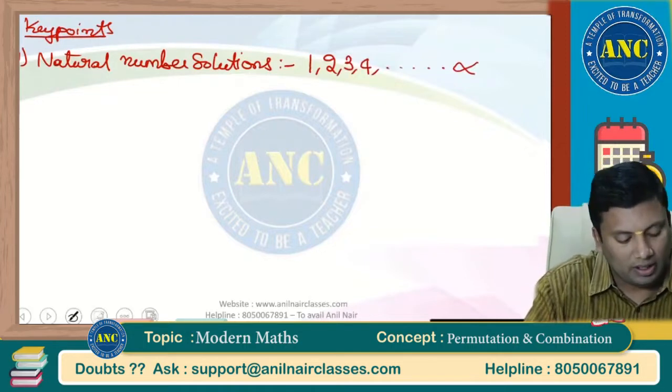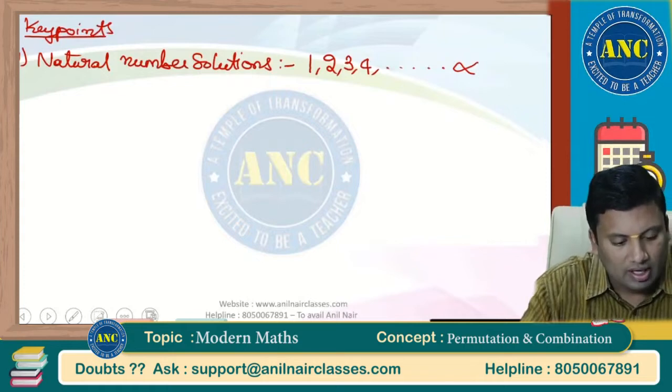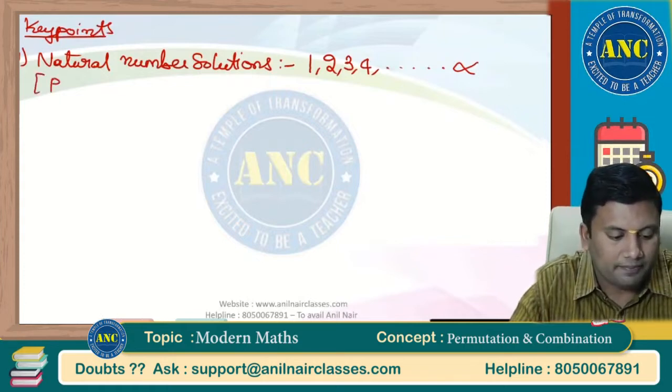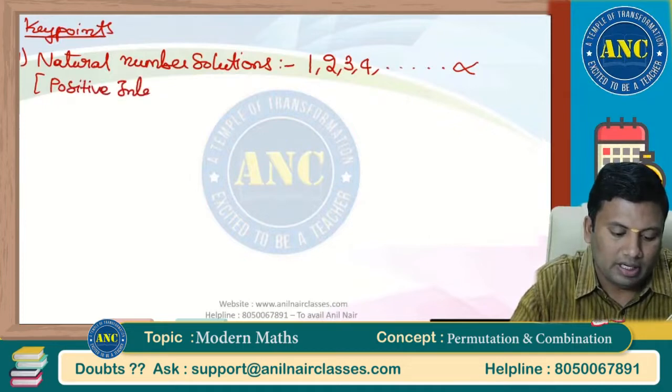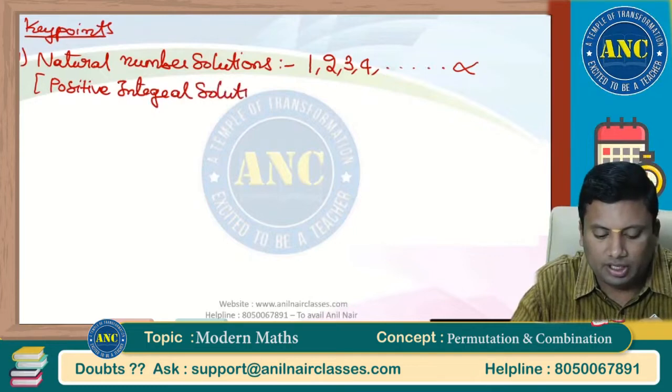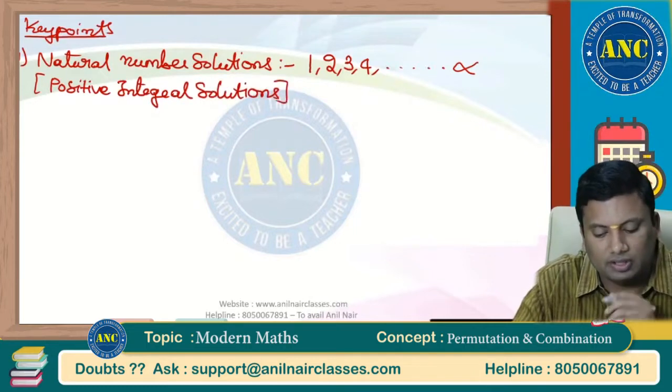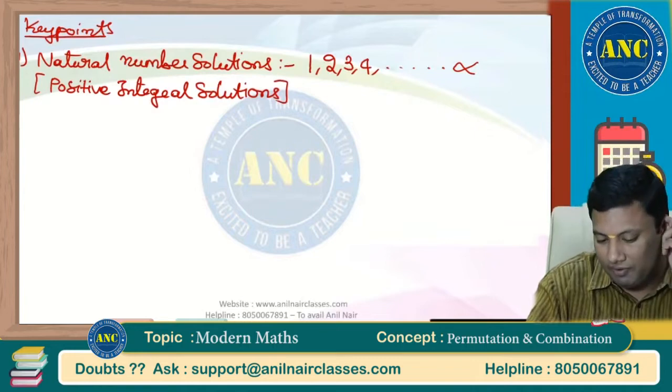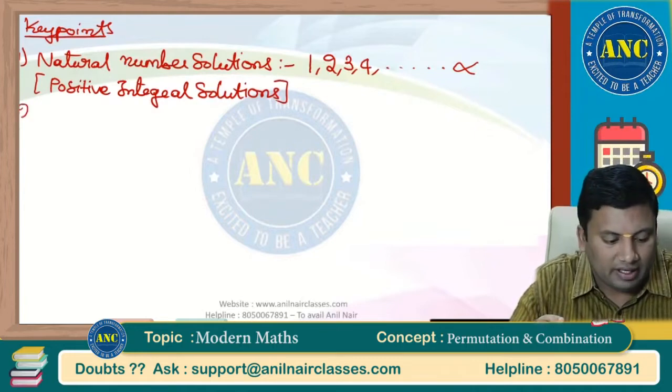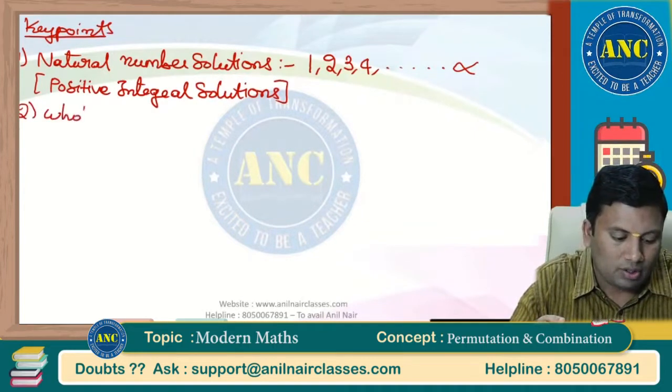This is the domain of the natural number solution. It is also called positive integral solutions. Integers are of three types: negative, 0 and positive. Positive integral solutions are from 1 to infinite. Next one, whole number solutions.